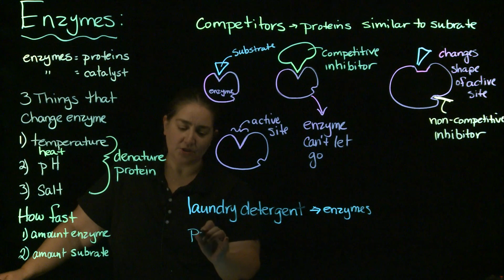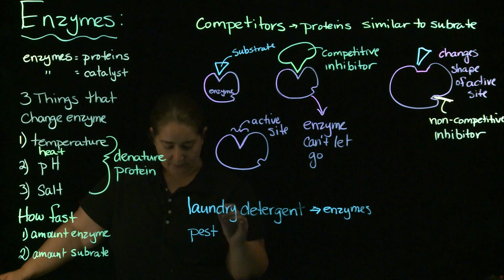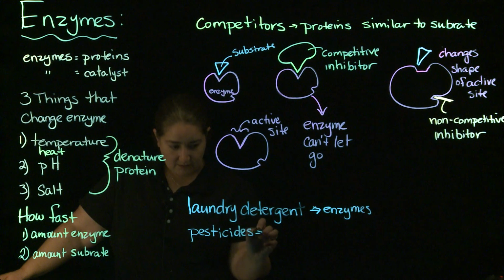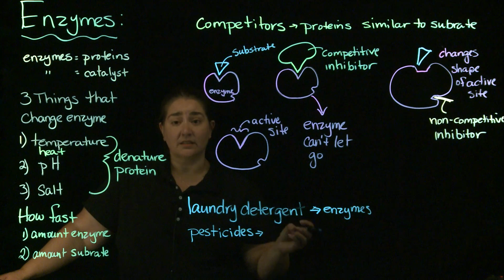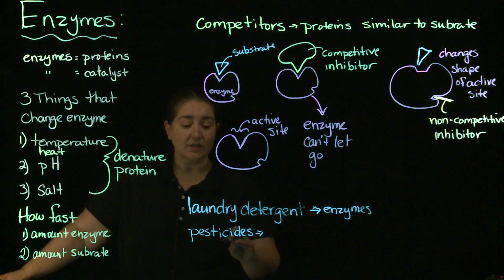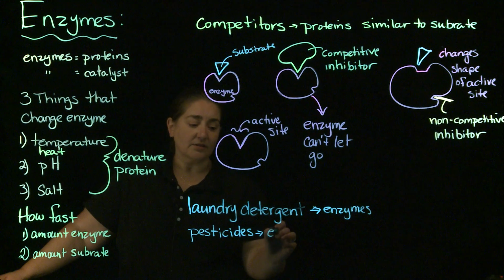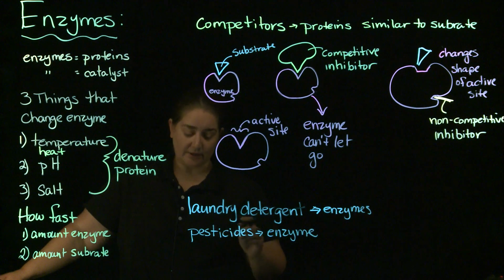The other application of enzymes that you may be familiar with, a lot of pesticides that are used to kill insects and bugs, you know, because you don't want those crawling around your house. A lot of pesticides also are enzyme based, all right?